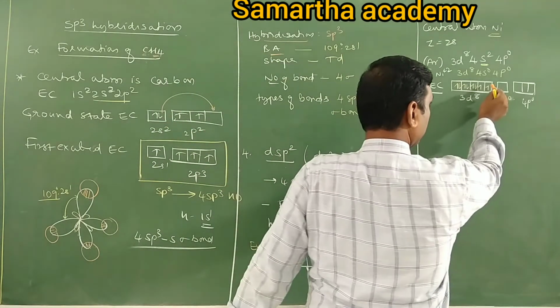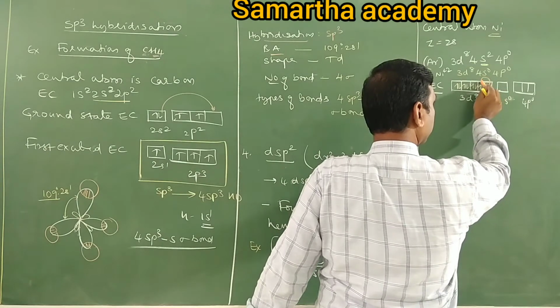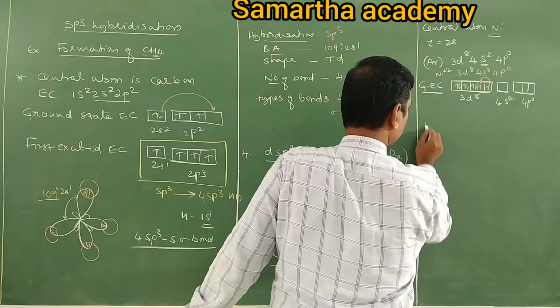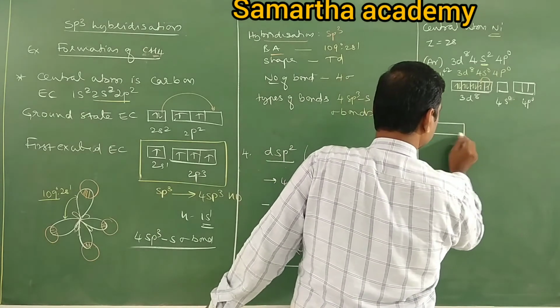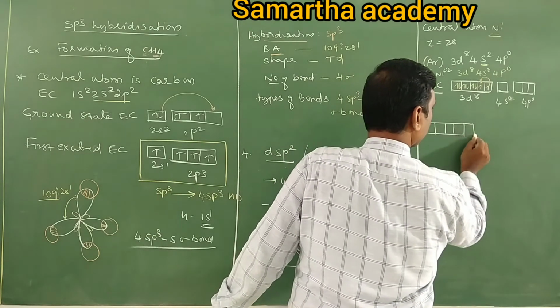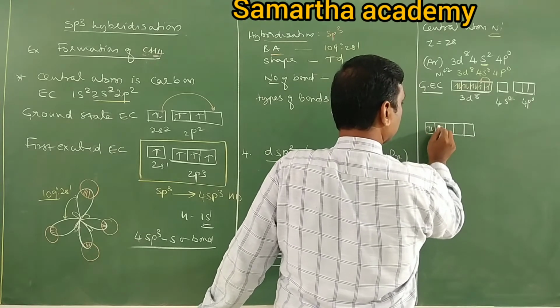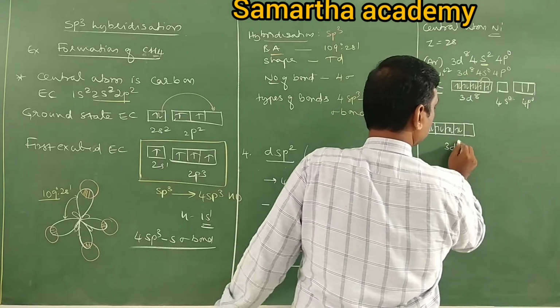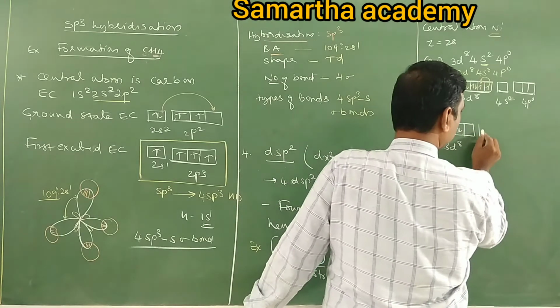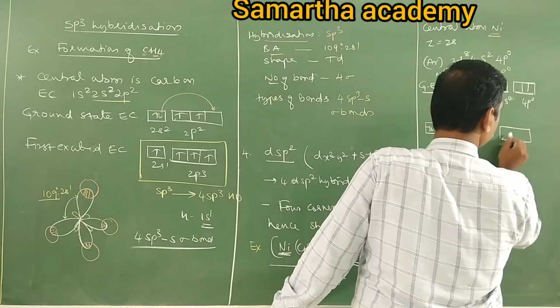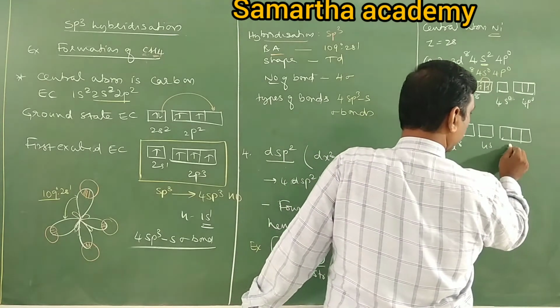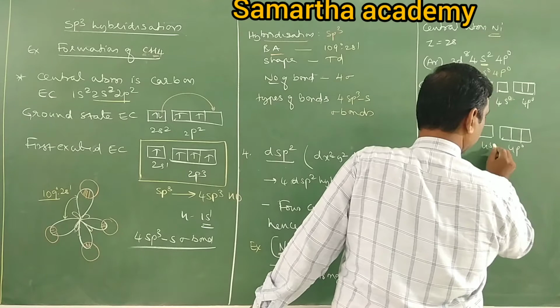What is the rearrangement here? This one unpaired electron is paired up with this. So the electronic configuration after rearrangement is 3d8 only. Now there is a vacant d orbital, 4s is there and 4p0 is there.